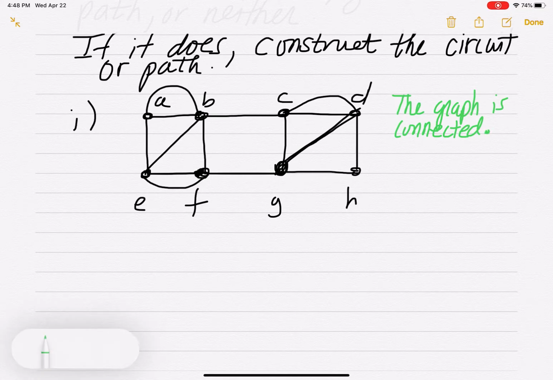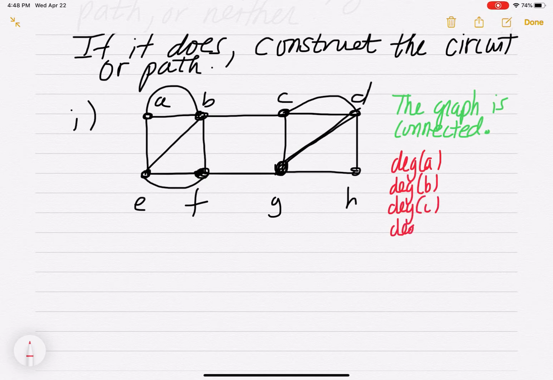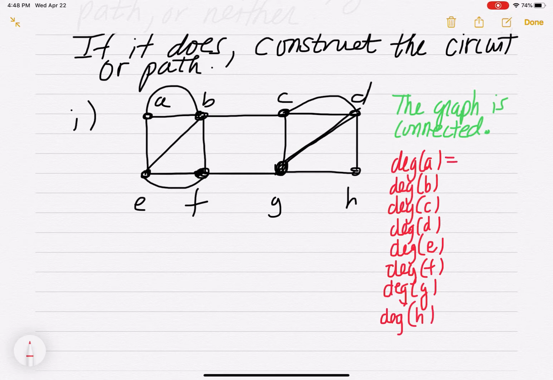All right, now we're going to look at the degree of all the vertices. We'll get the degree of A, B, C, D, E, F, G, and H. Let's count the degree of A. So A has degree 3, 3 edges coming out of it.